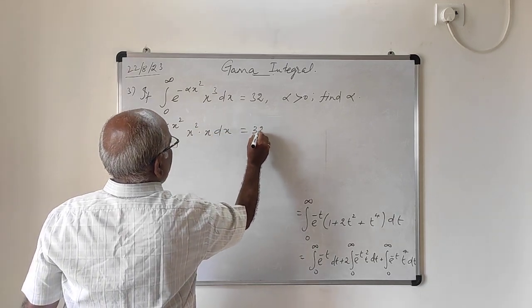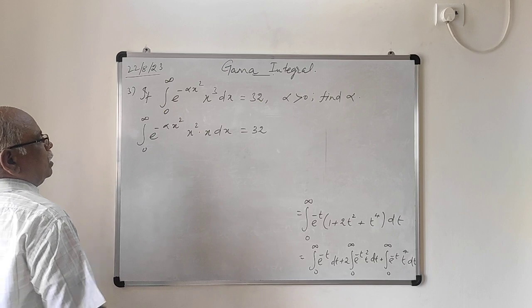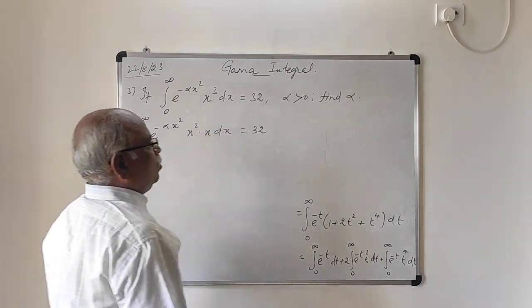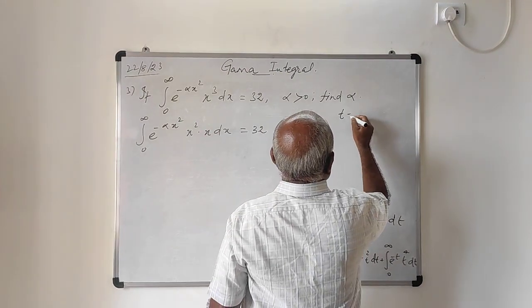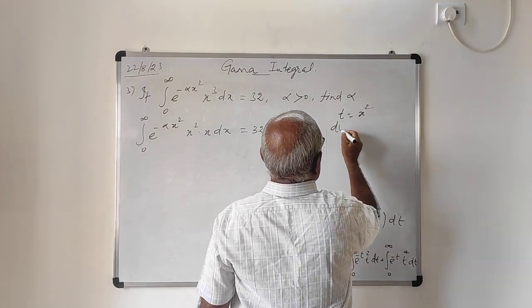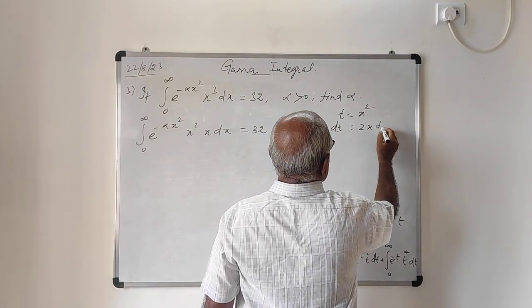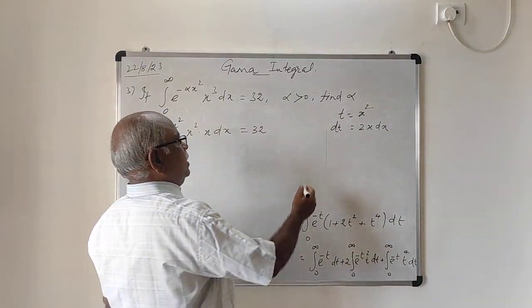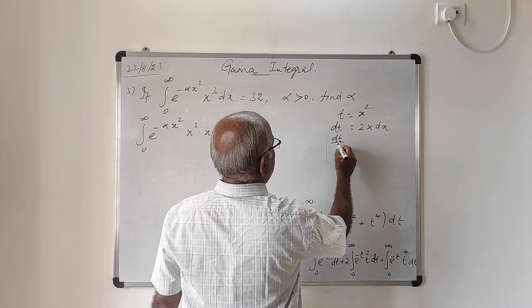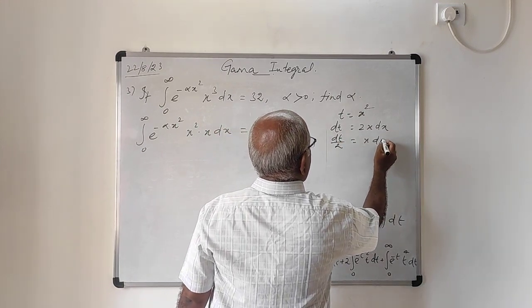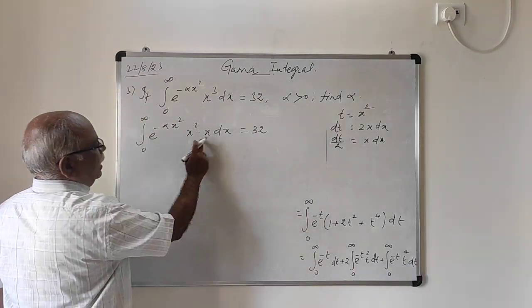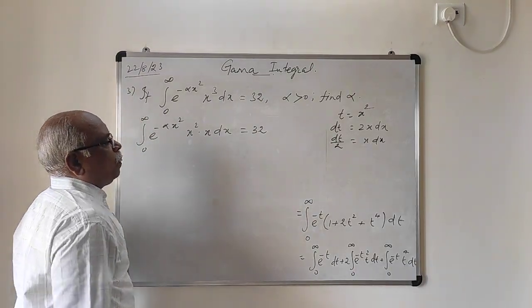I substitute t equal to x square, so dt equal to 2x dx, and x dx is dt by 2. So x square is t, and x dx is dt by 2.